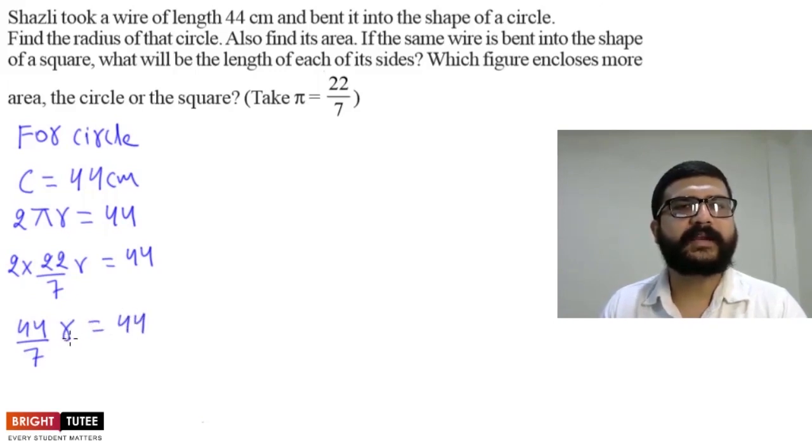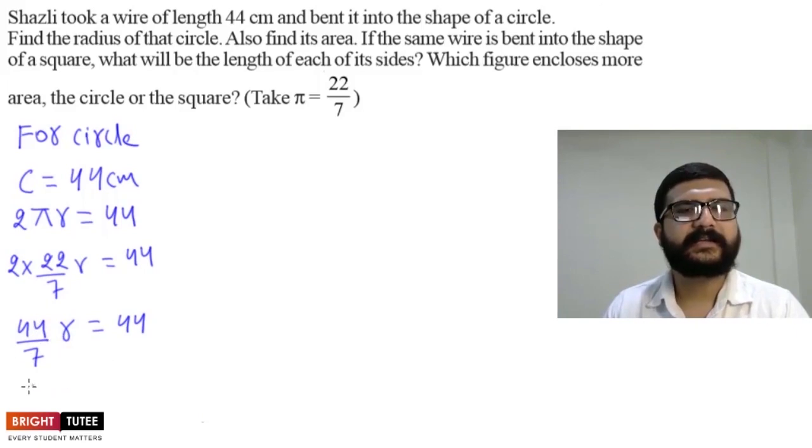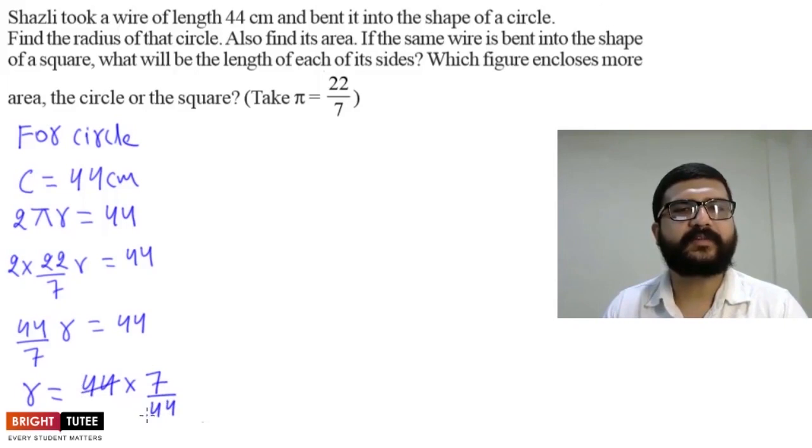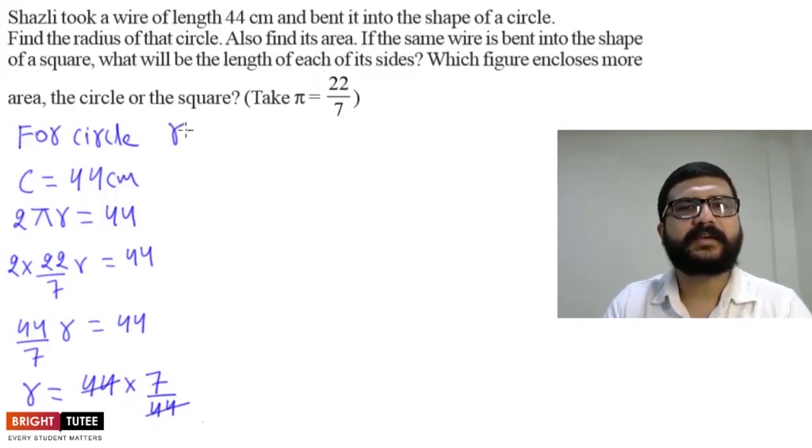Now from here to get the value of r, let's transpose 44 upon 7 on the right side. So this will give us r is equal to 44 into 7 upon 44, which is reciprocal of 44 upon 7. Now we can cancel this 44 with this 44. So we are getting radius is equal to 7 centimeters.